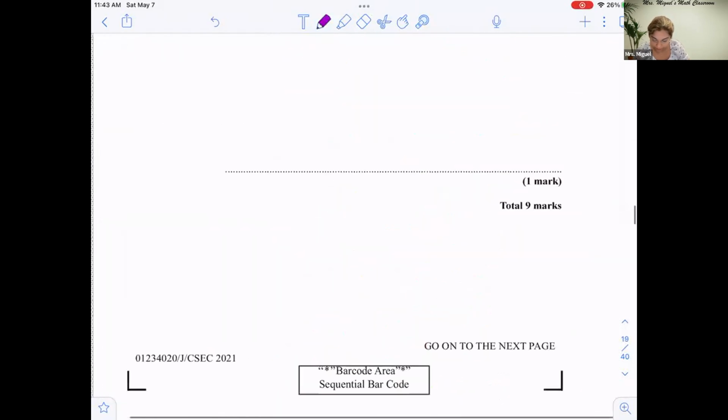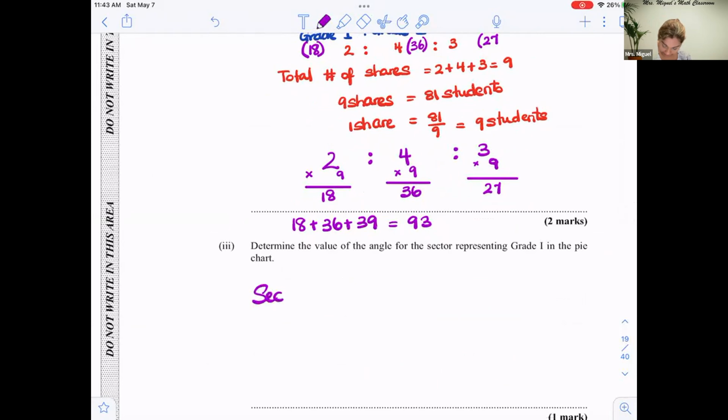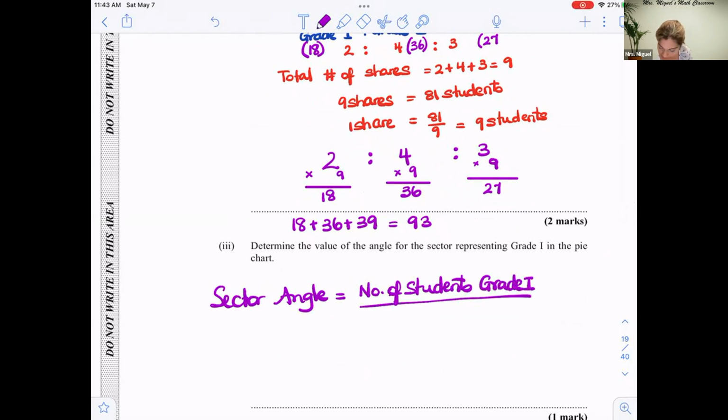So the sector angle is the number of students who have a grade 1 over the total number of students multiplied by 360 degrees, because there are 360 degrees in a circle. Work that out for me.